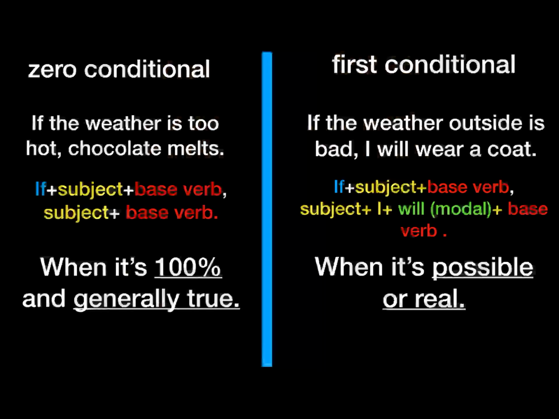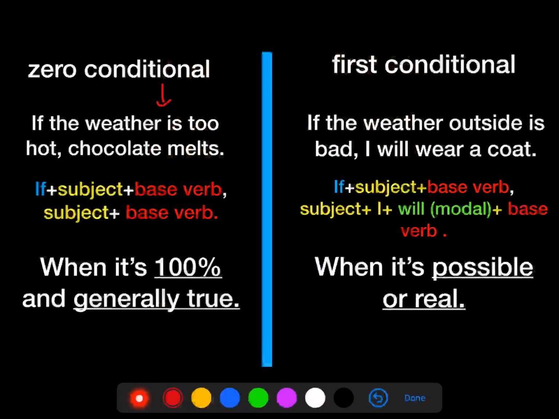So let's review. Let's read the sentence again. If the weather is too hot, chocolate melts. This sentence is talking about something which is 100% and generally true.